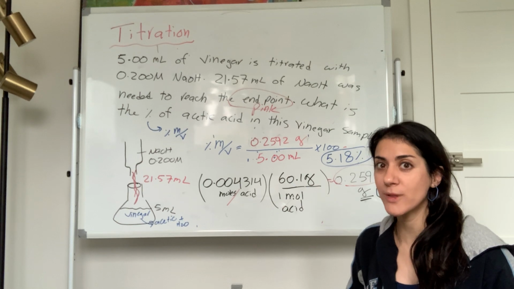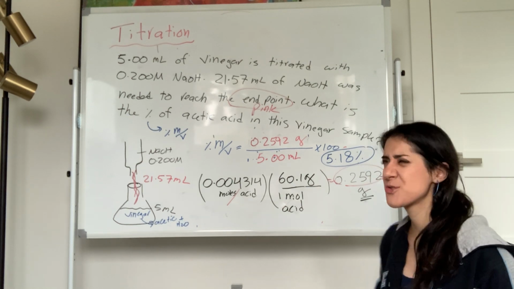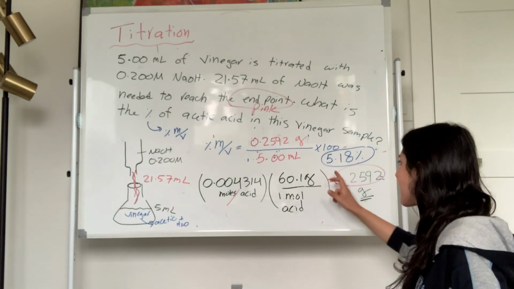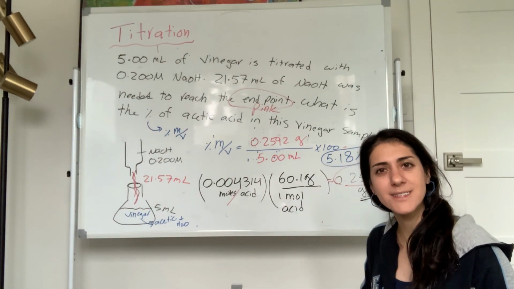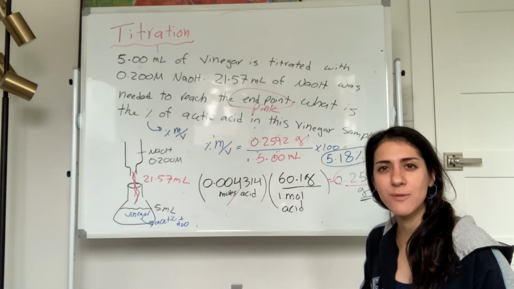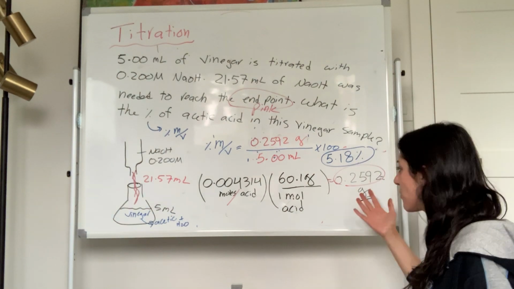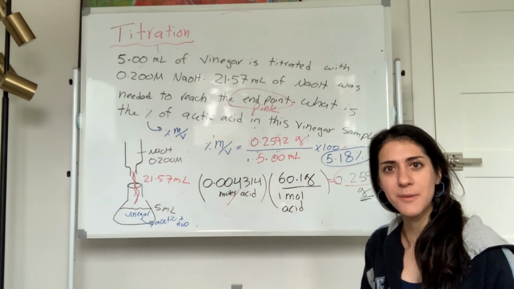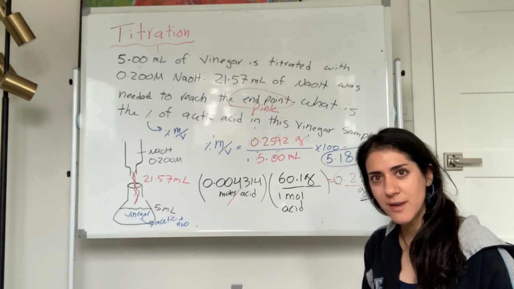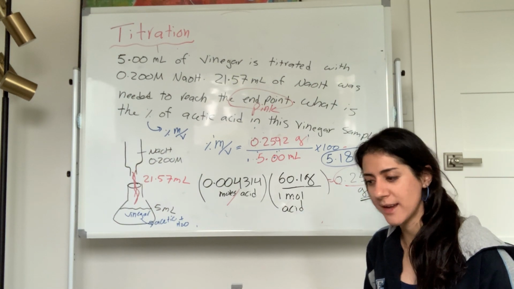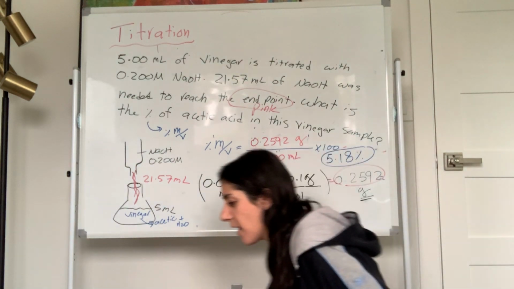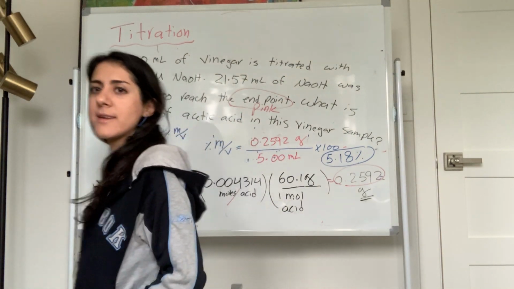And I'm willing to bet, I should probably bet points, right? That it is going to say 5%. Because most vinegar solutions have 5% acetic acid. And now you know what that means. Okay, good job, nice job. Then go look at the sample of vinegar to see how much acetic acid we have in the vinegar.